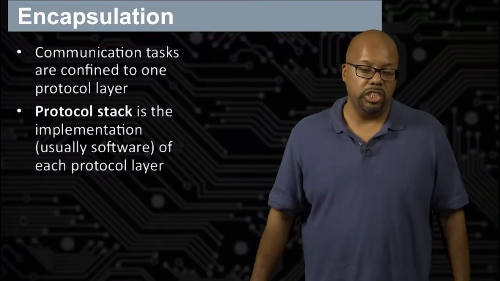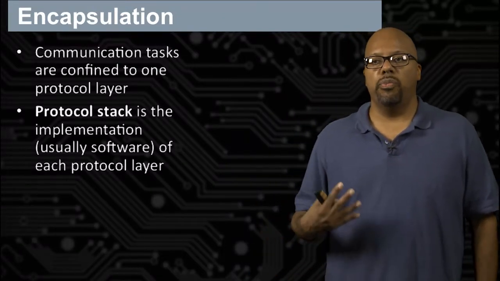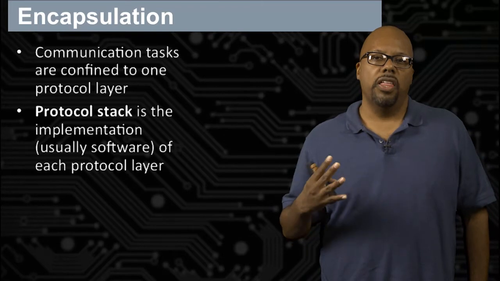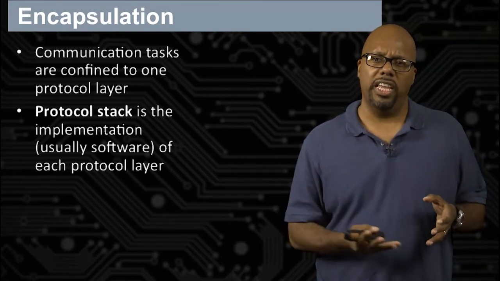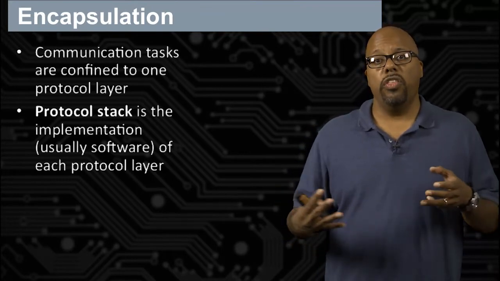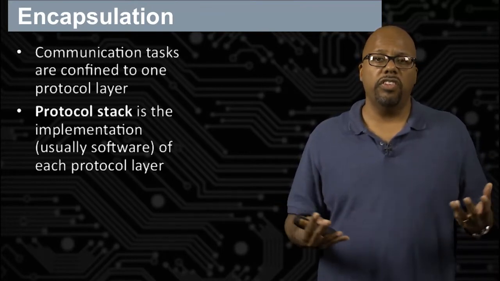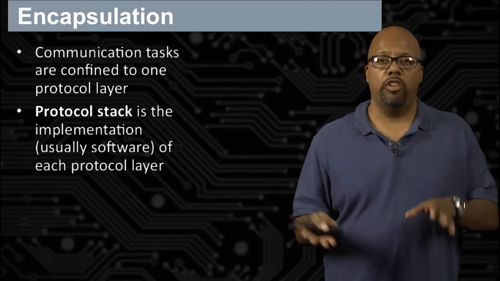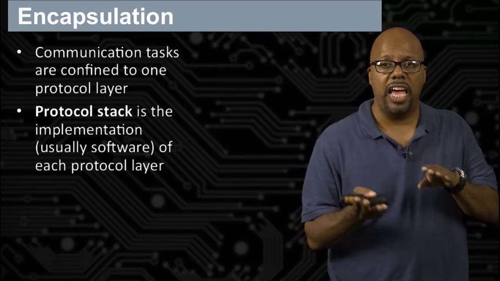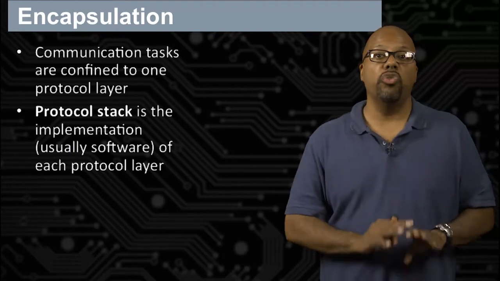Now, encapsulation is used to mean that the protocols are separated from one another in some sense. So each protocol layer is separated. All these different tasks that need to be performed, say routing, are mapped to a particular layer. That is performed by the protocol at this layer, and other layers do not have to deal with it.